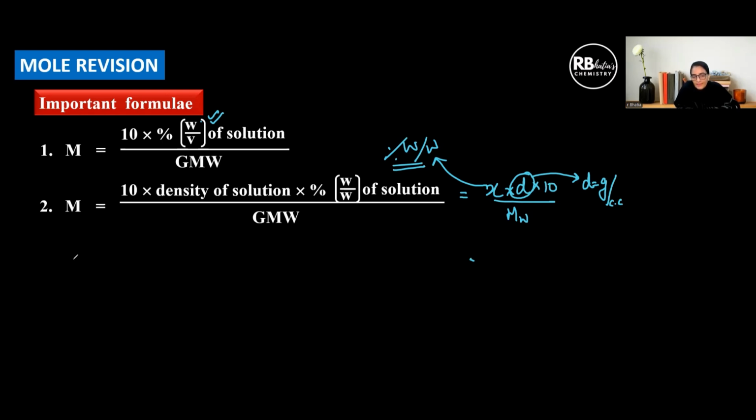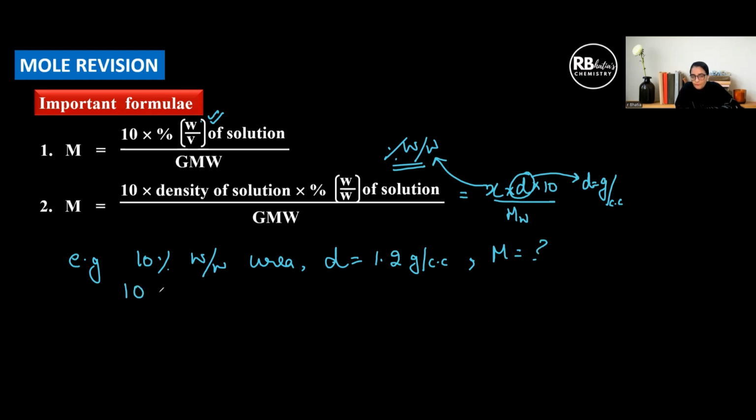I again take an example here. Supposing I give you a 10% weight by weight solution of urea, and I give you the density to be, let us say, 1.2 gram per cc. And I ask you to calculate molarity this time. So what am I going to do? This time, this information tells me 10 gram urea is present in 100 gram solution.